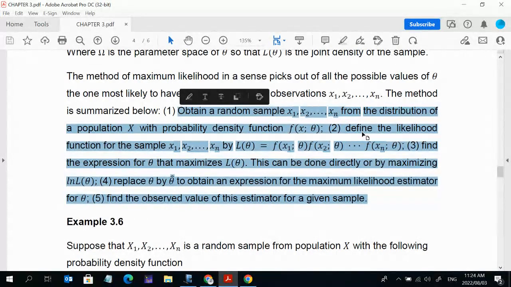This can be done by differentiating the likelihood function, equating the result to 0, and solving for theta.